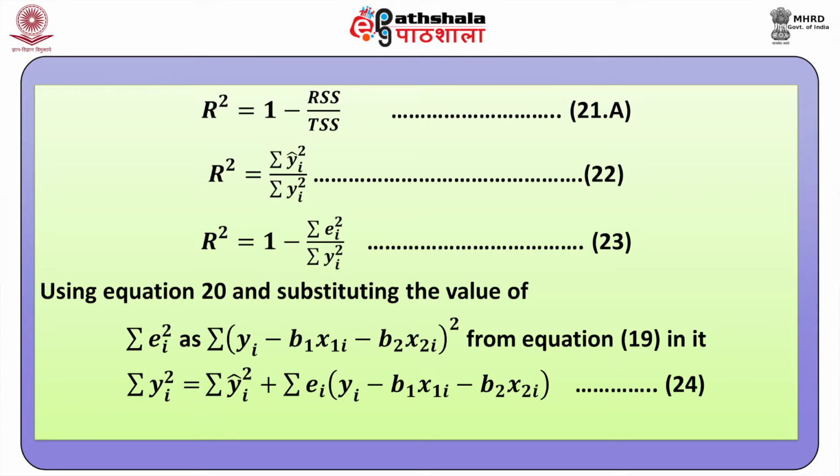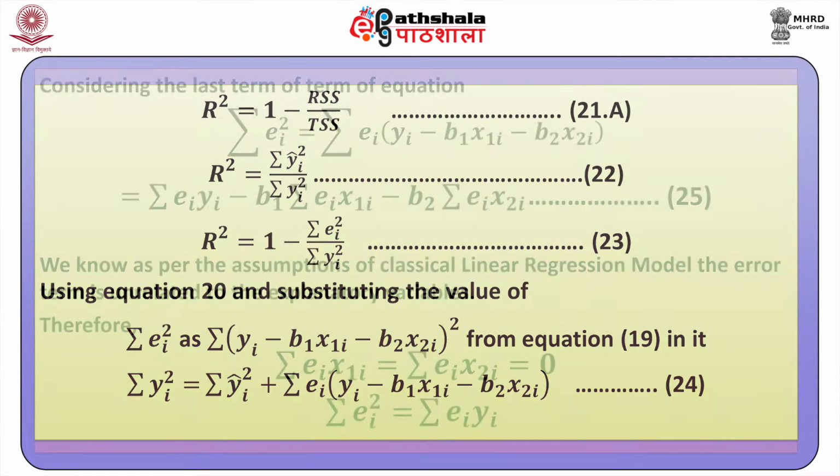Using equation 20 and substituting the value of sigma Ei square as sigma (yi minus B1 x1i minus B2 x2i) whole square from equation 19 in it, sigma yi square is equal to sigma yi cap square plus sigma Ei into (yi minus B1 x1i minus B2 x2i).